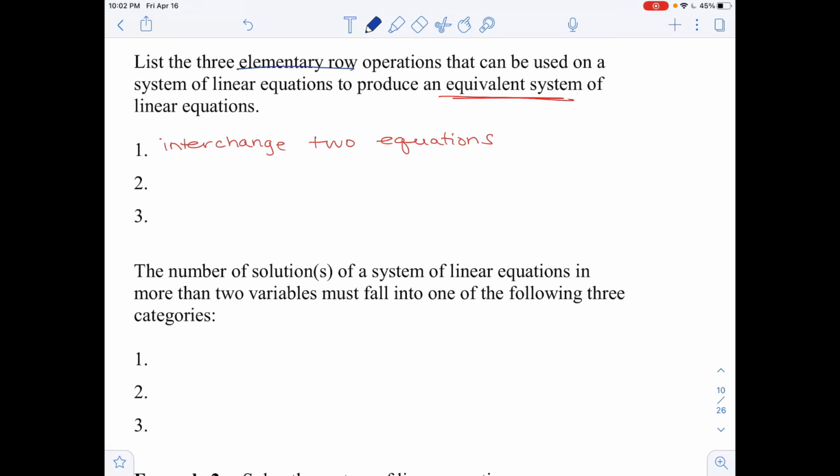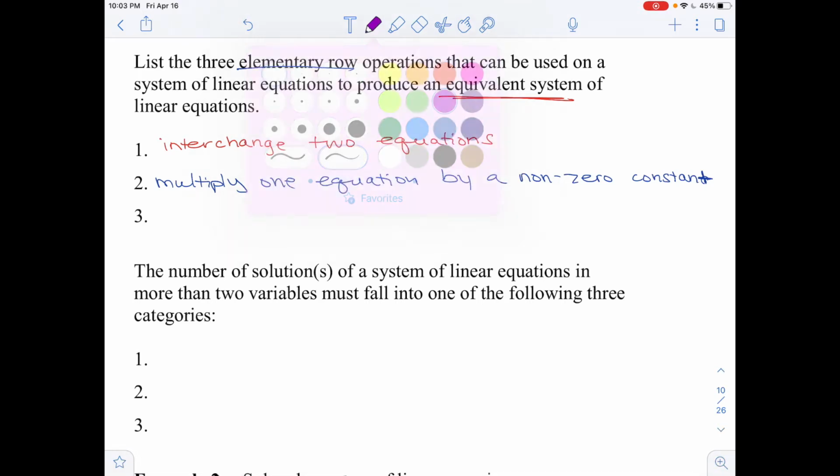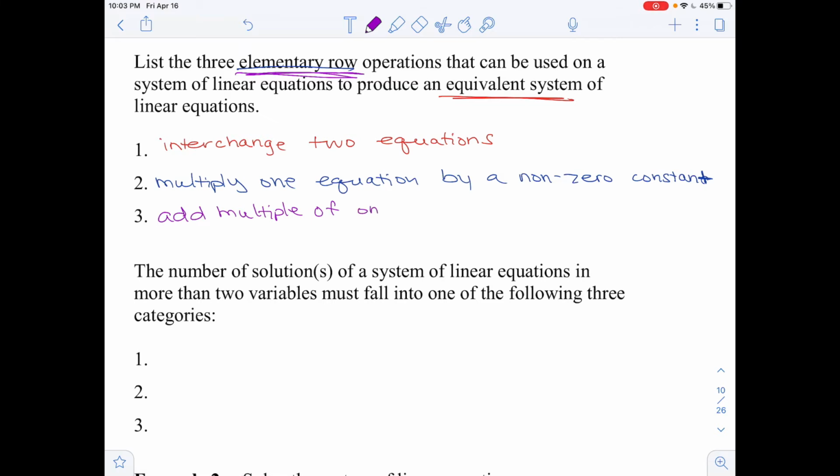Another elementary row operation is that we can multiply one equation by a non-zero constant, so we can multiply by a coefficient other than 0. And lastly, you can add a multiple of one equation to another equation.